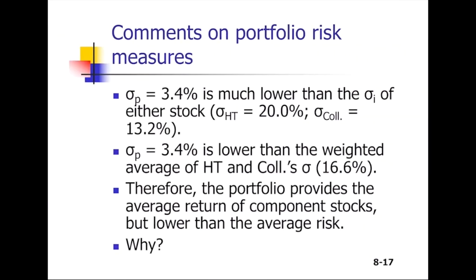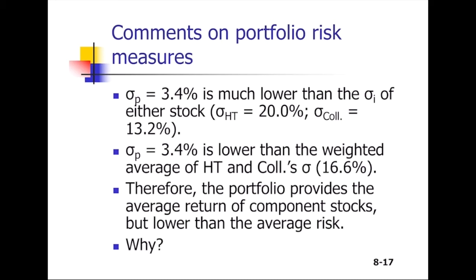And here is one interesting thing about standard deviation when you construct a portfolio. When you construct a portfolio with the high-tech company and collection agency, the standard deviation is 3.4%, and it is much lower than either stock's standard deviation.